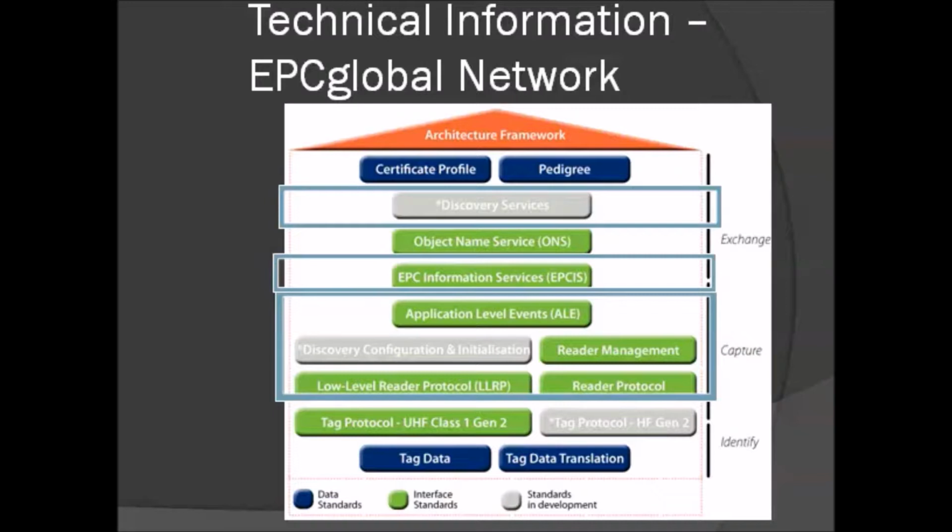To achieve these three purposes, the EPC Global Network Architecture Framework is made of different elements, similar to a house. The three most important and most visible elements: First, data capture, which includes the RFID and application level events, ALE.